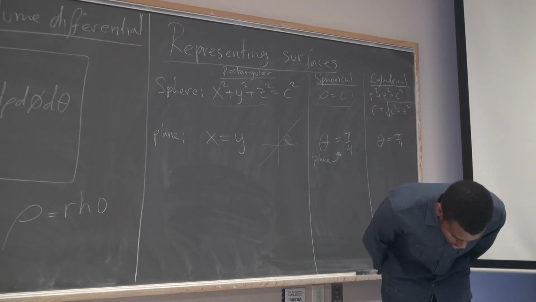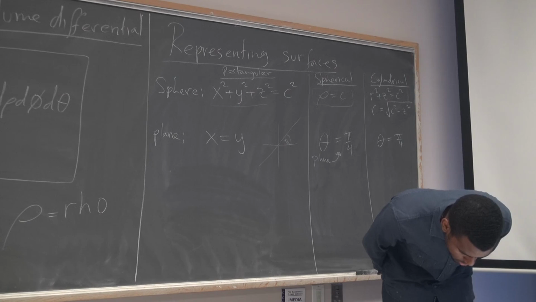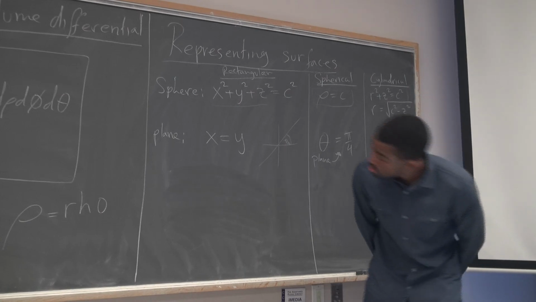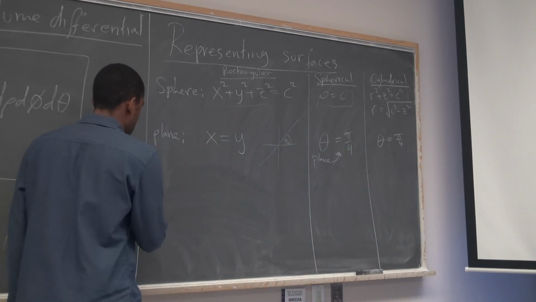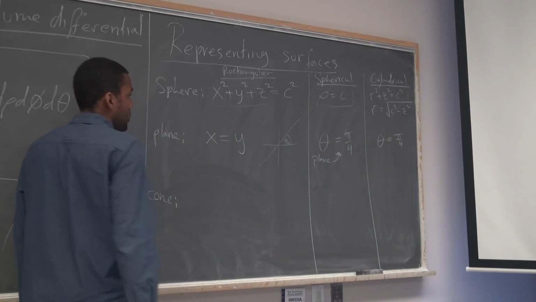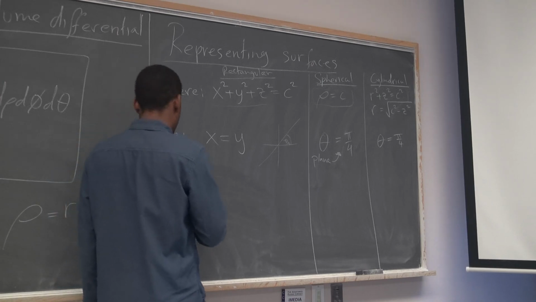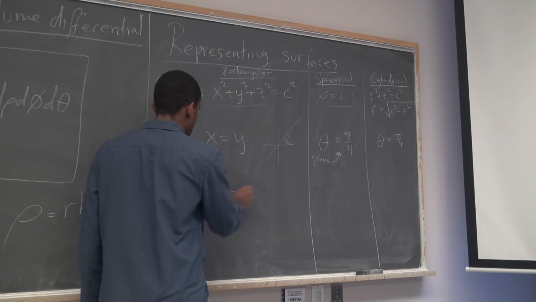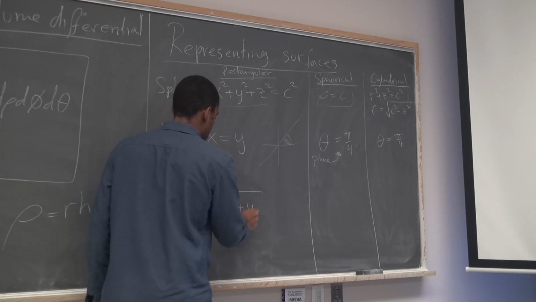What else did I want to describe? How would a cone look? What about a cone? Something like z equals the radical of x squared plus y squared.